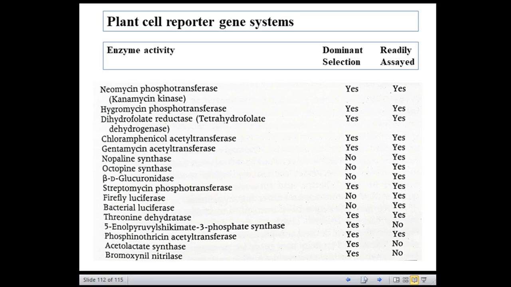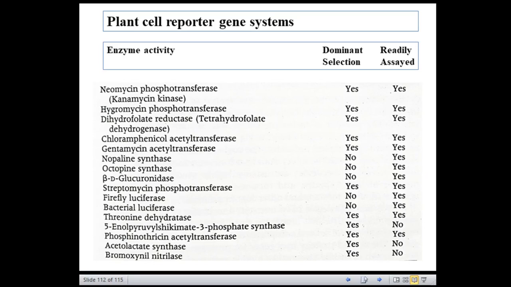So the GUS activity in transformed plant tissues can be localized by observing the blue color that is formed after the hydrolysis of the uncolored substrate, 5-bromo-4-chloro-3-indolyl beta-D-glucuronic acid.